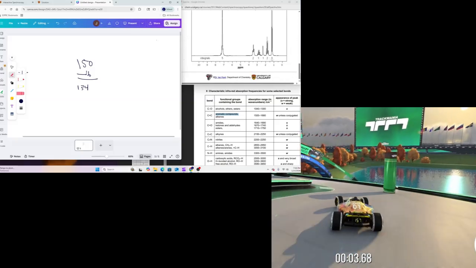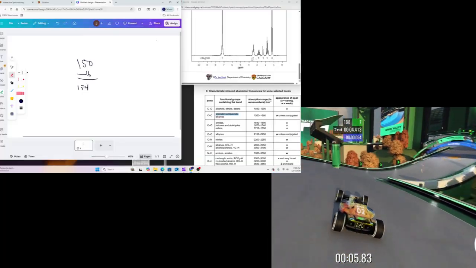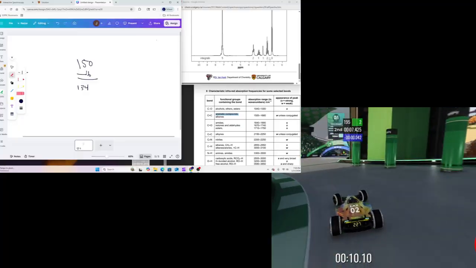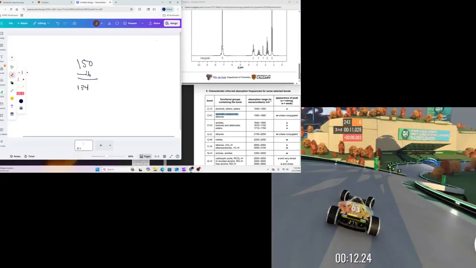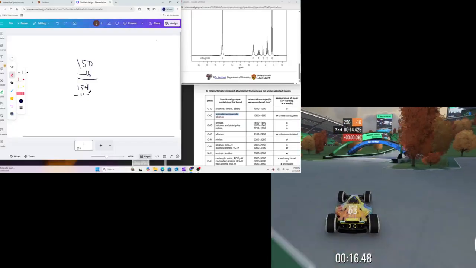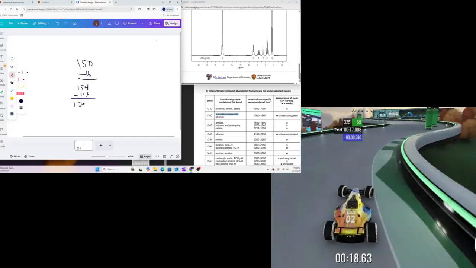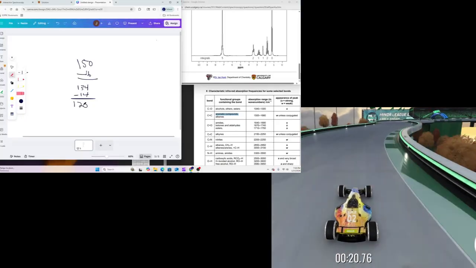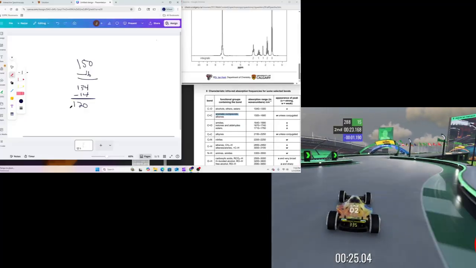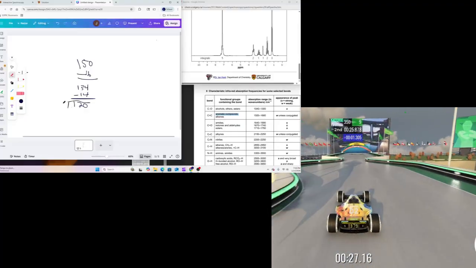Okay. Now, with this 134, I'm going to take a look at my hydrogens. Okay. And I'm going to count these up. So I have 5, 2, 1, 1, 5. Okay. So that means that I'm going to have a total of 14. So I'm going to subtract 14 from here, and I'm going to see that I have 120 mass left over. That's easy math for me to do in my head.